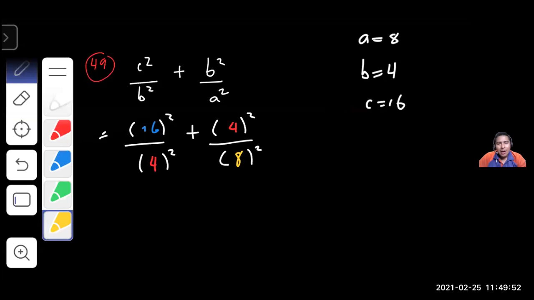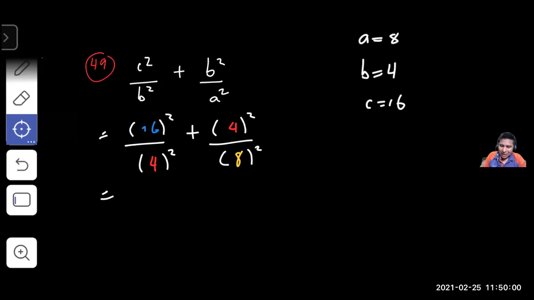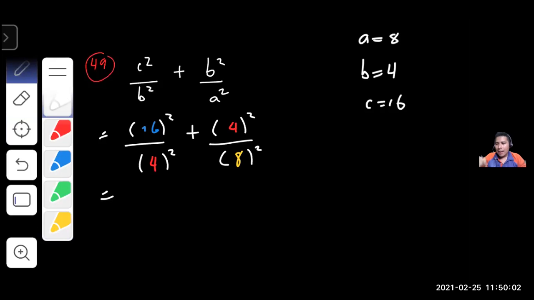What is the first thing in our combined operations? The exponent, correct, or the parentheses, which is the same in this case. What is 16 to the second power, guys? 16 multiplying 16 is 256.